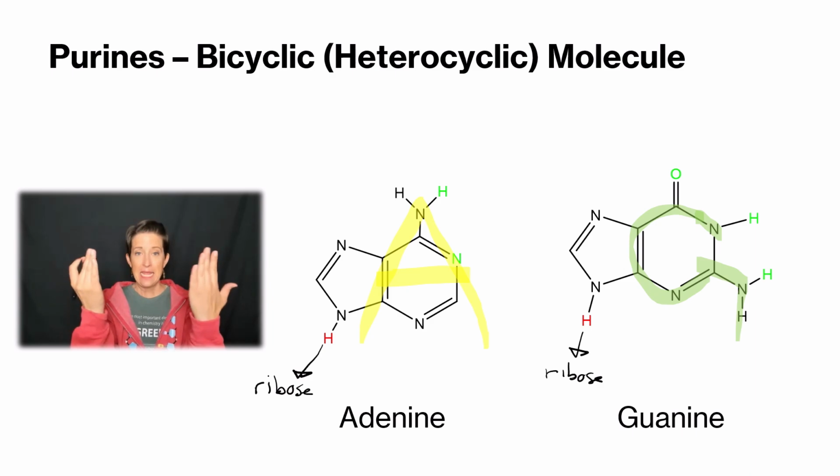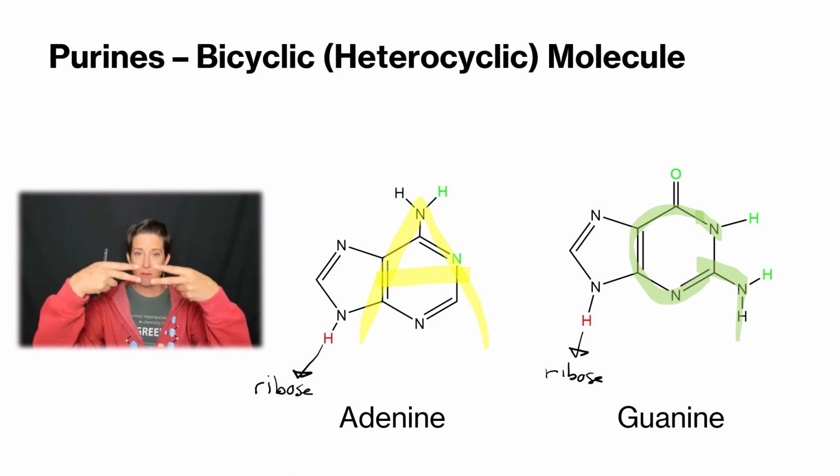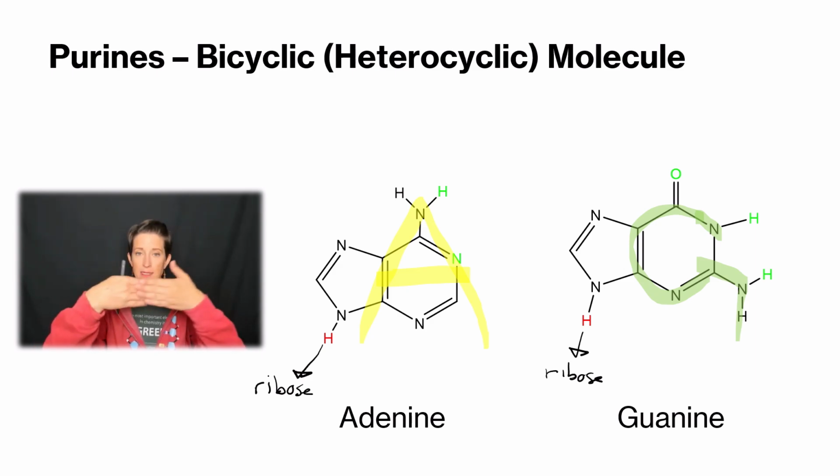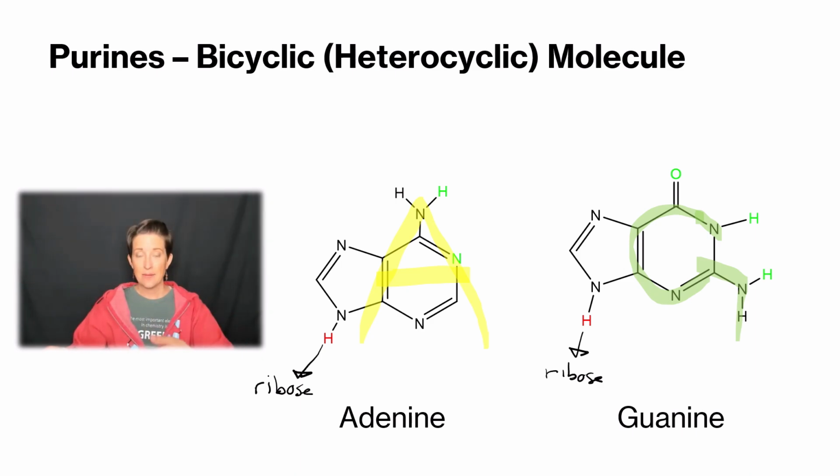Because DNA is double-stranded, we have the backbone of the sugar phosphate groups on the sides, and it's the bases that meet in the middle. Now, the bases do not physically bond to each other to keep that double strand together. They use hydrogen bonding between the bases. The green highlighted atoms in these structures are the atoms that participate in hydrogen bonding.